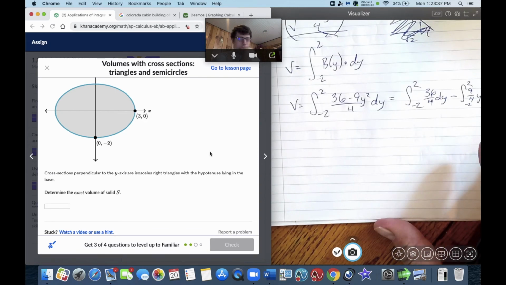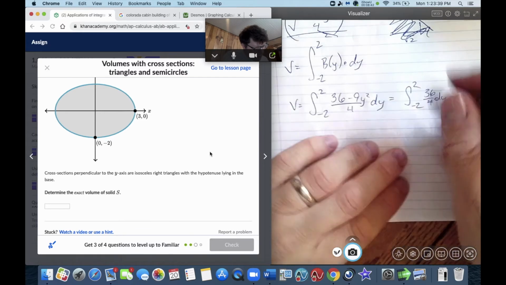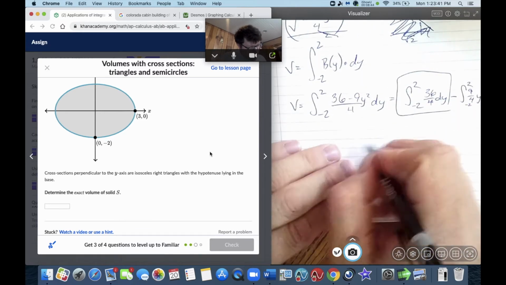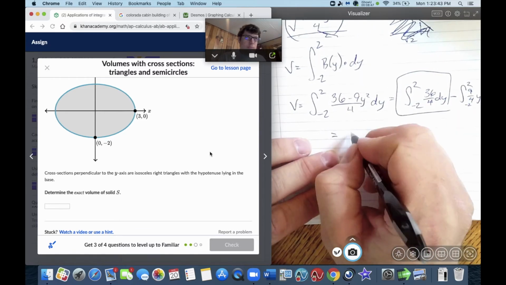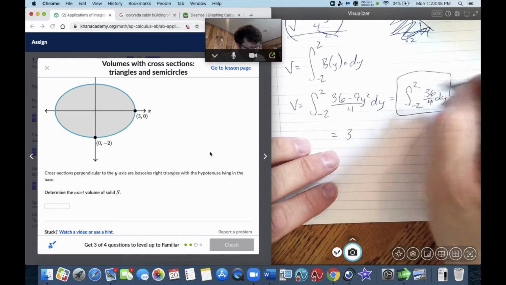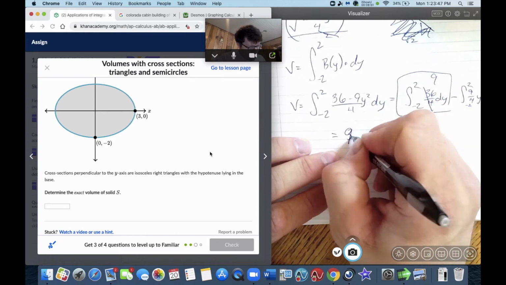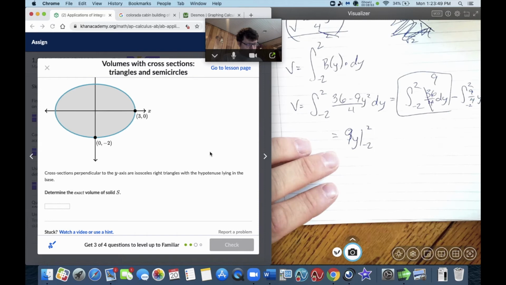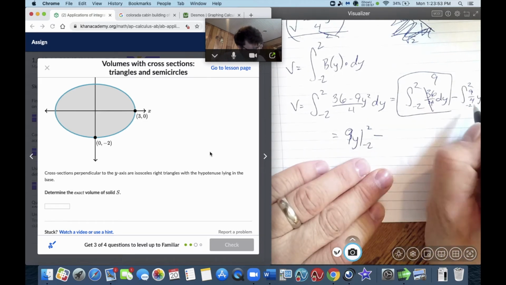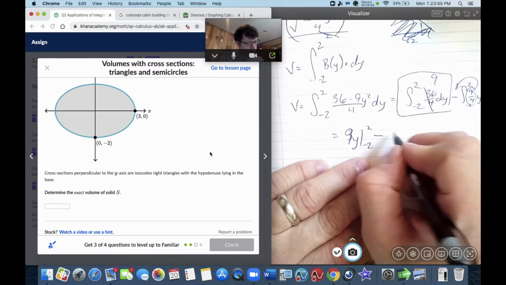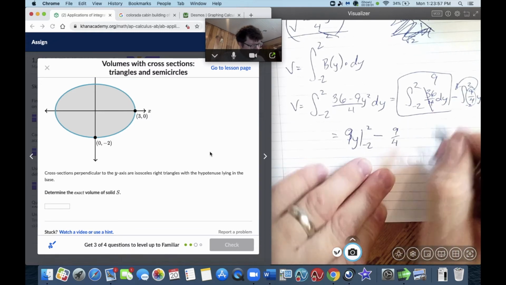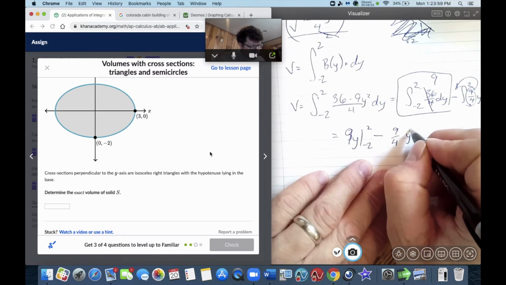So for the first part, this becomes 9y from -2 to 2. Minus, bring this out front, 9/4 y to the third times 1/3 from -2 to 2.